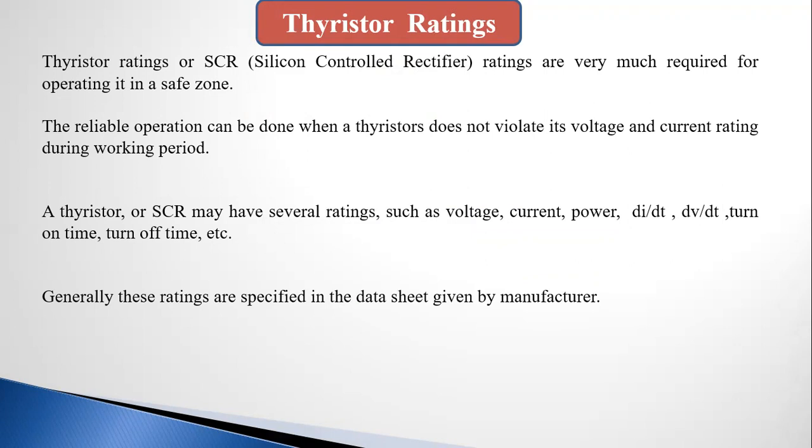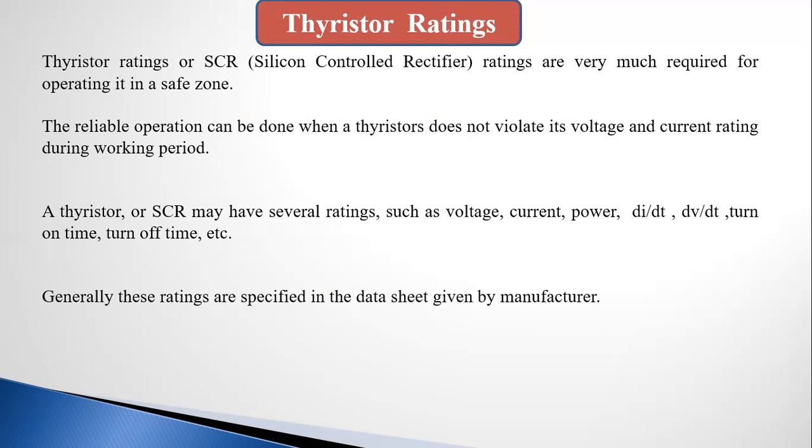Thyristor or SCR, silicon controlled rectifier, ratings are very much required for operating it in a safe zone, so that reliable operation can be done when a thyristor does not violate its voltage and current rating during the working period. A thyristor or SCR may have several ratings such as voltage, current, power, dI/dt, dV/dt, turn on time, and turn off time.